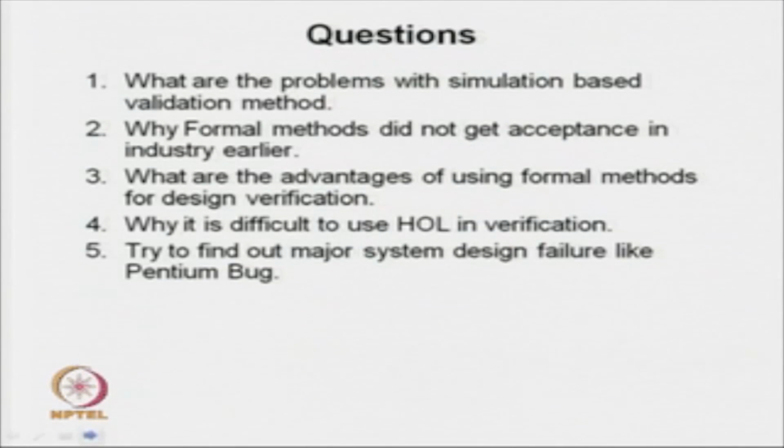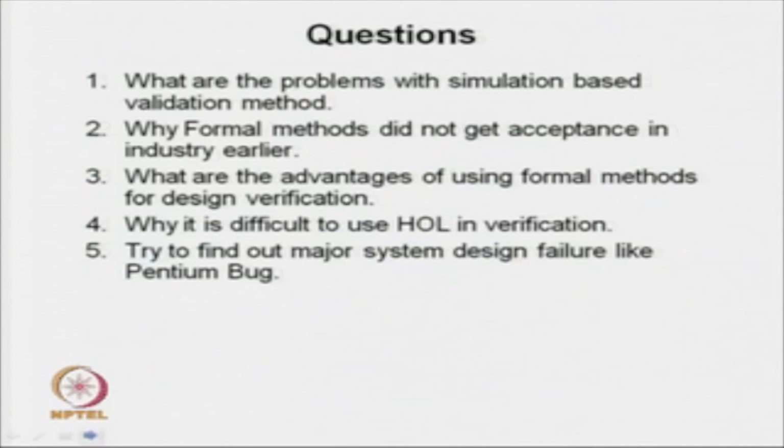Third question: what are the advantages of using formal methods for design verification? I have probably not mentioned it, but in due course we are going to talk about it, and you can also explore information on the net. One basic thing is that we use a formal mechanism to specify or model our system, and we use a formal mechanism to give the property.